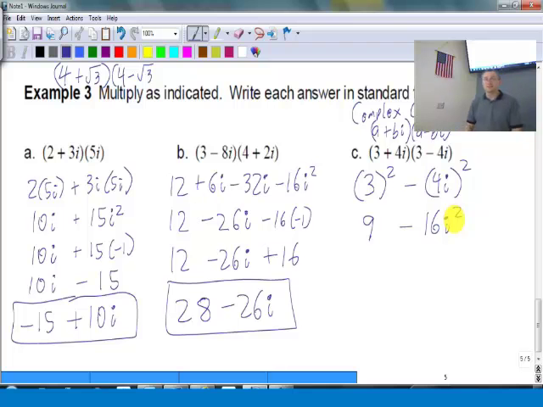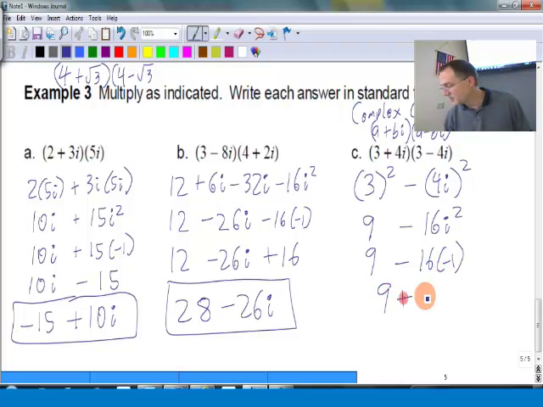The i terms are gone. i squared is negative 1. It makes it 9 plus 16, which is 25. Yay, a real number. So a plus bi times a minus bi.